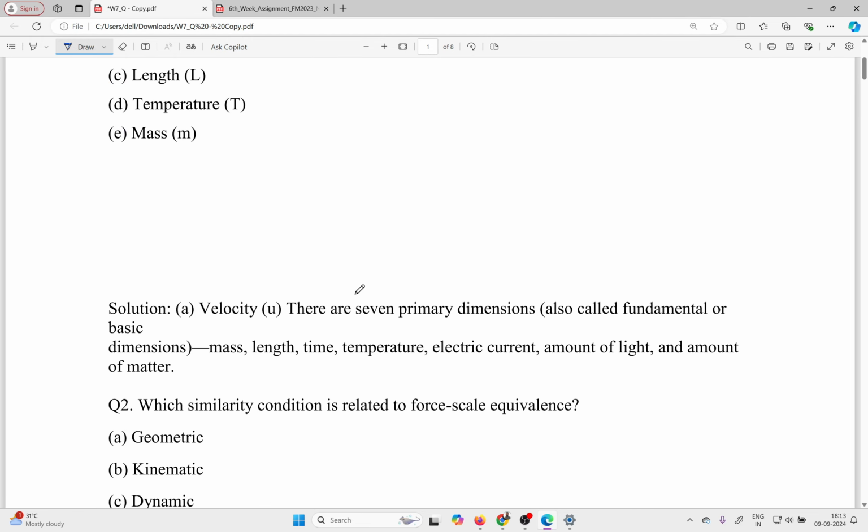So here you can see, or you can also call this the fundamental dimensions, fundamental or the basic dimension. How many? 7. Mass, length, time, temperature, electric current, amount of light and the amount of matter.